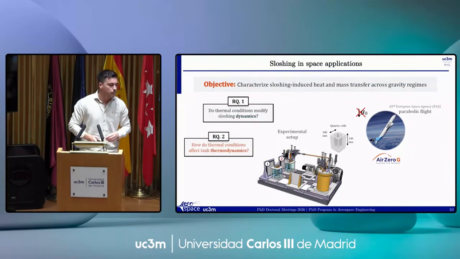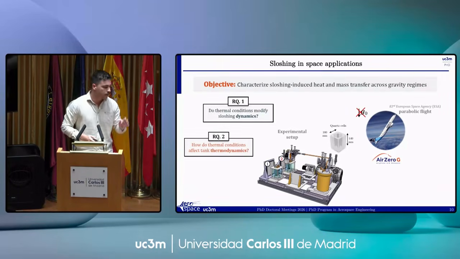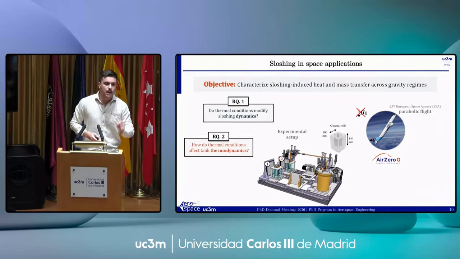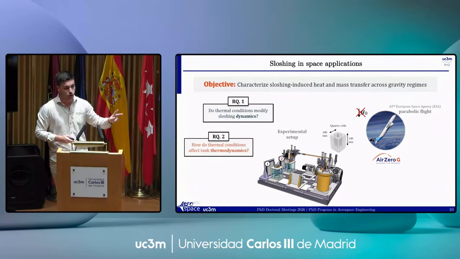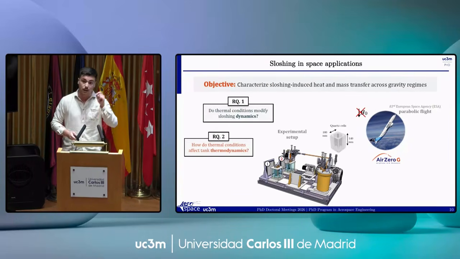In the interest of time, I'll just mention briefly the experiments we did here in the parabolic flight. You see here the experimental setup that we developed, and our key objective was to answer these two research questions. First, we wanted to know if there's a coupling between the thermal conditions and the sloshing dynamics.